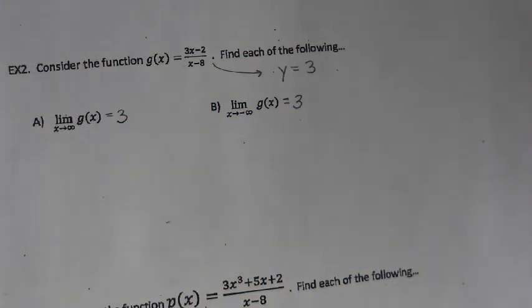Did I lie to you? 3x minus 2. We should graph this by hand. Divided by x minus 8. I think I lied to you.